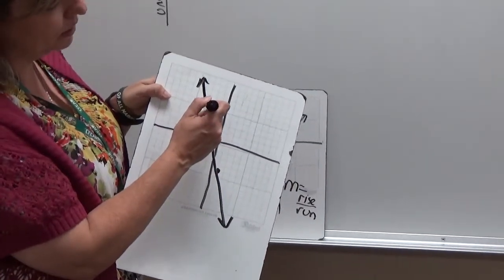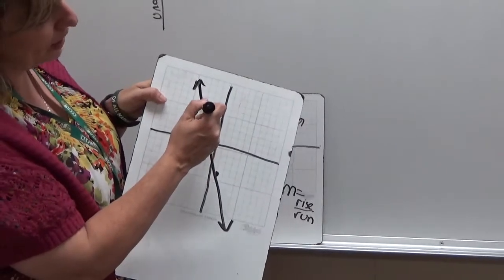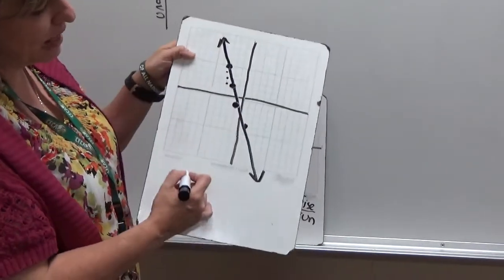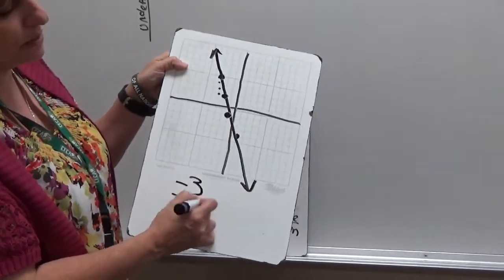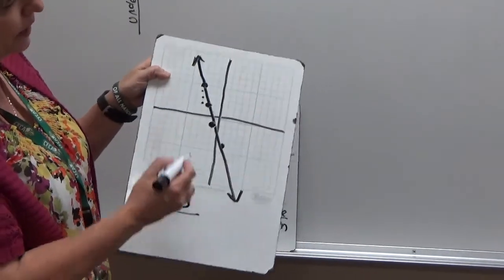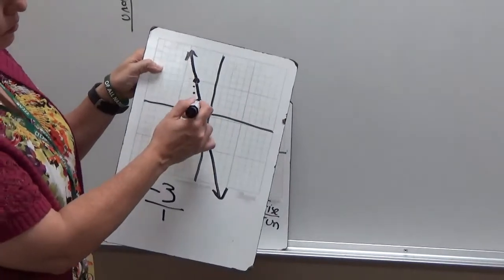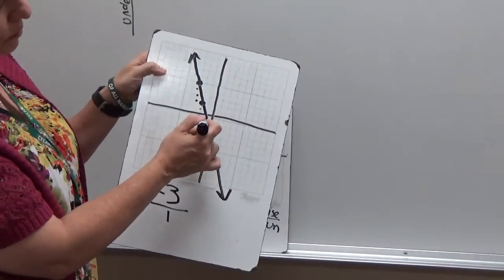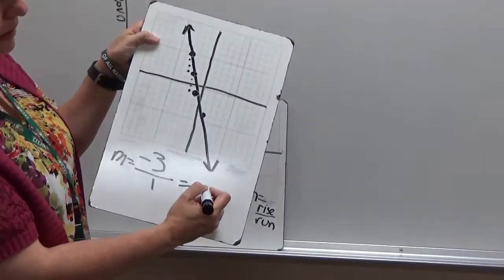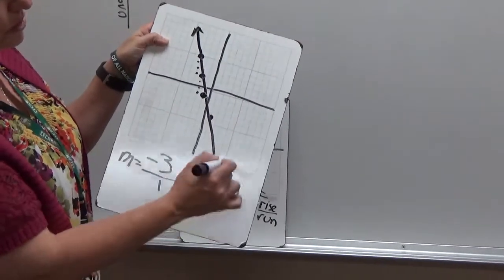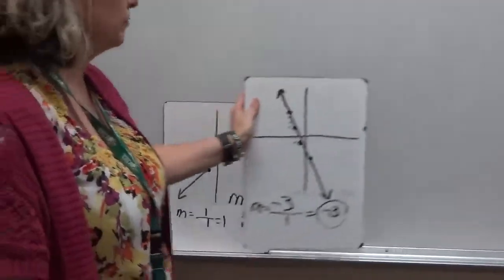So I go from here, and I'm going to rise down 1, 2, 3. If I rise down, that becomes a negative 3. And then I'm going to run 1. So it's negative 3 over 1. Rise down 3, run 1. So my slope is negative 3 over 1, which is negative 3.